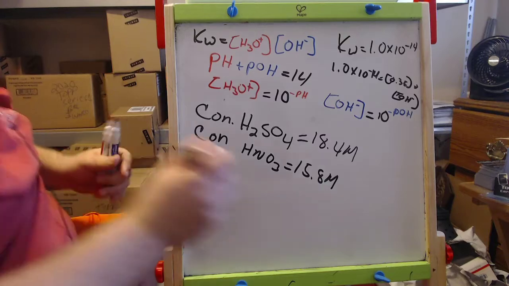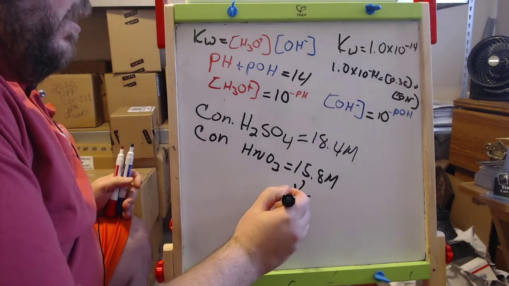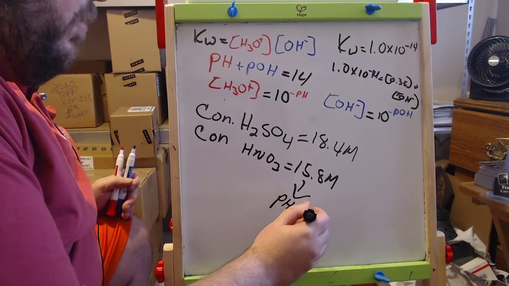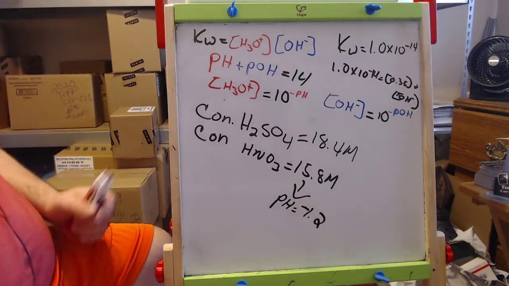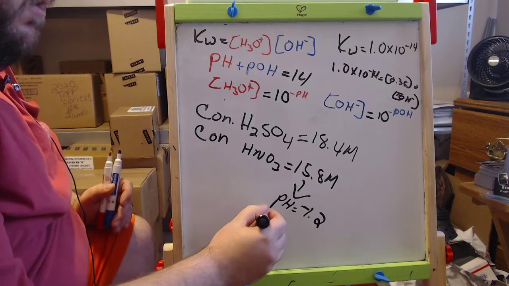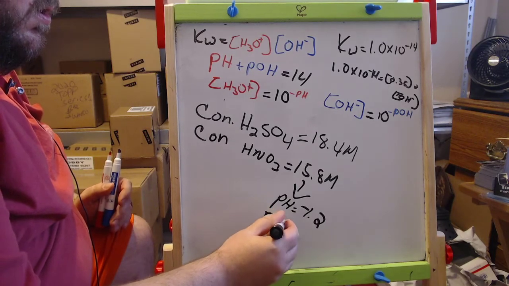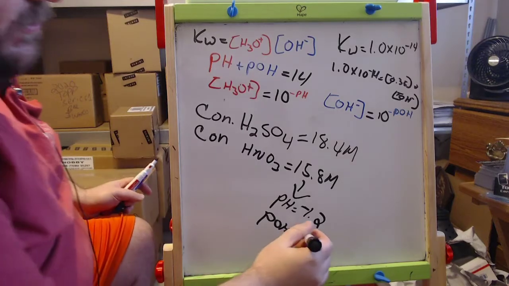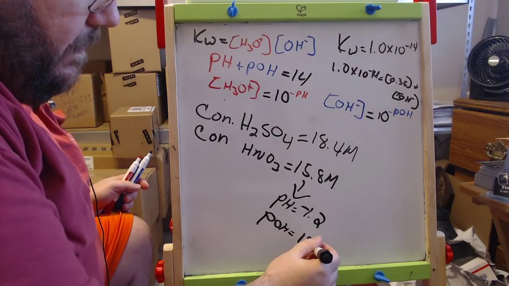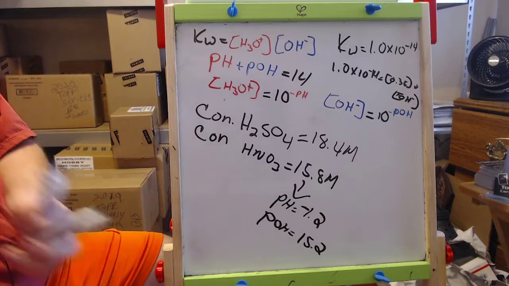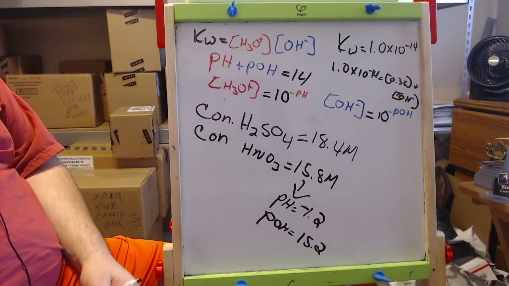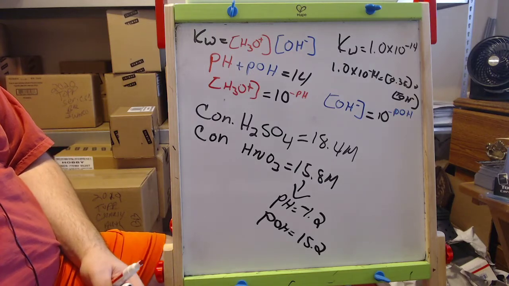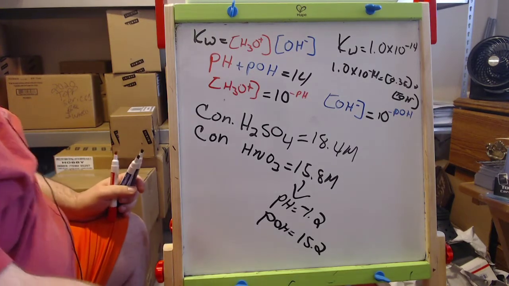So the pH of this is actually -1.2, which means its pOH is really what? 15.2? So yeah, that 1 through 14 scale, the math will tell you a little bit different when you get into your concentrated stuff.